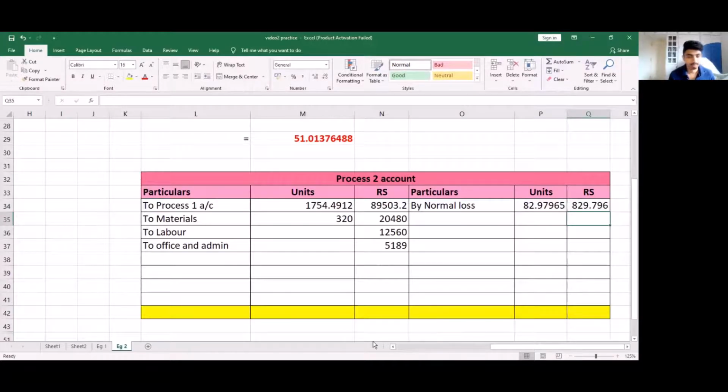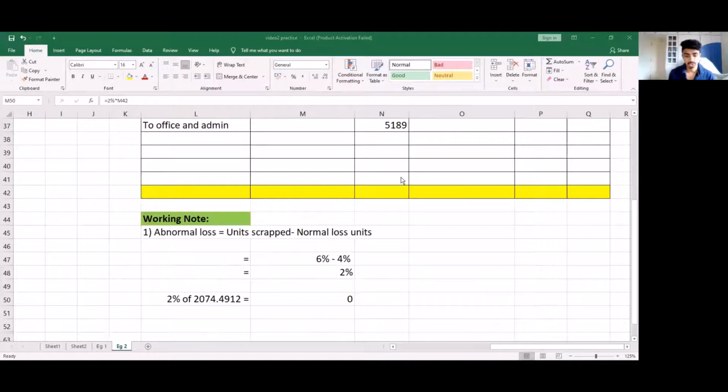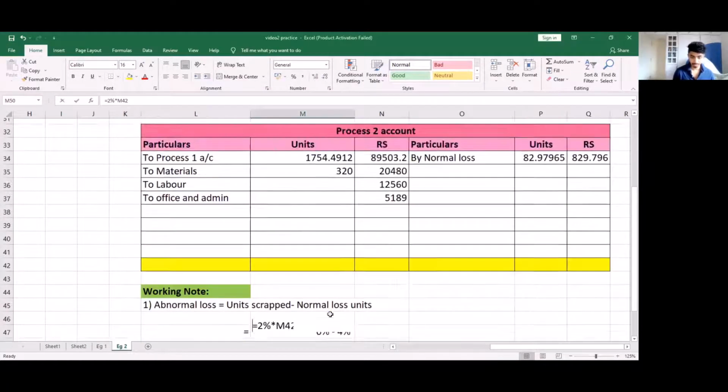Now we calculate abnormal loss the same way as we did before. So this time you can also do abnormal loss is unit scrap minus normal loss units. We can directly subtract the percentages. So 6% minus 4% is 2%. So 2% of the units introduced. So that is nothing but, let's sum this.